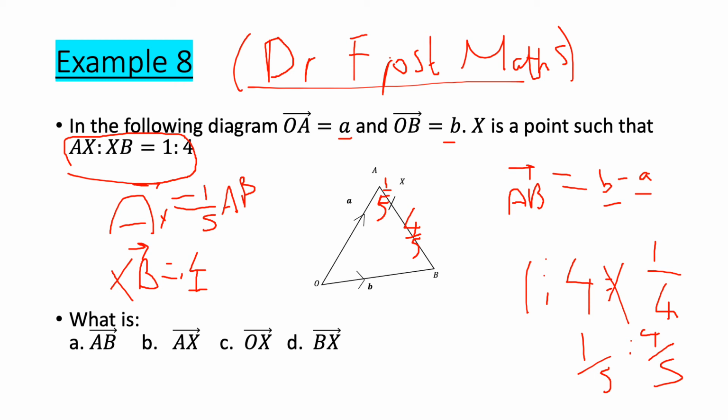So nice and easy now. Knowing this, AX is going to be 1/5 of this, so 1/5 lots of B minus A. And then XB is going to be 4/5 lots of B minus A. So nice and easy.